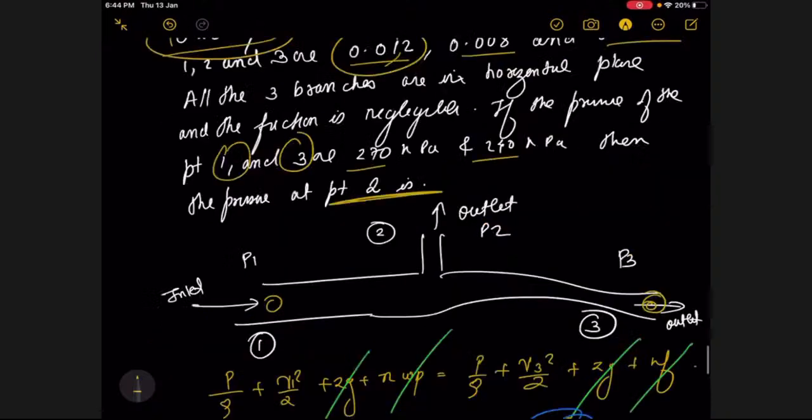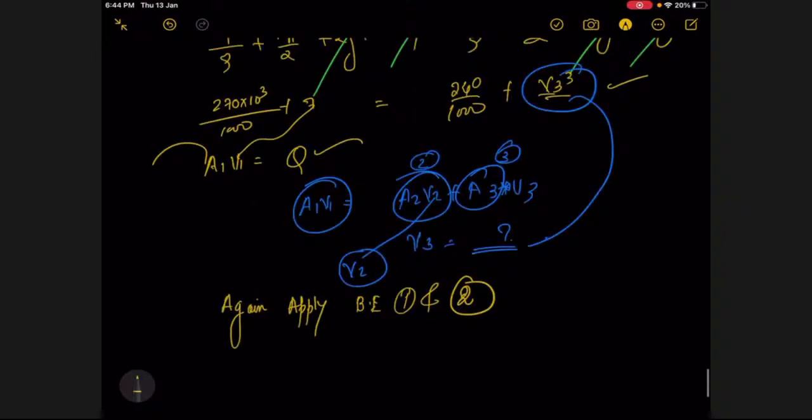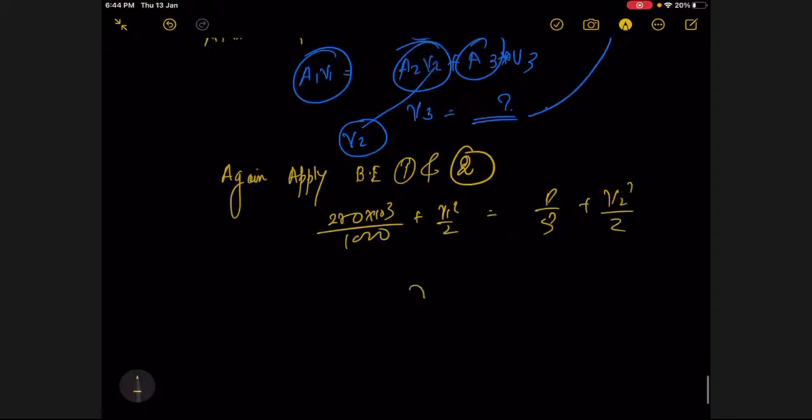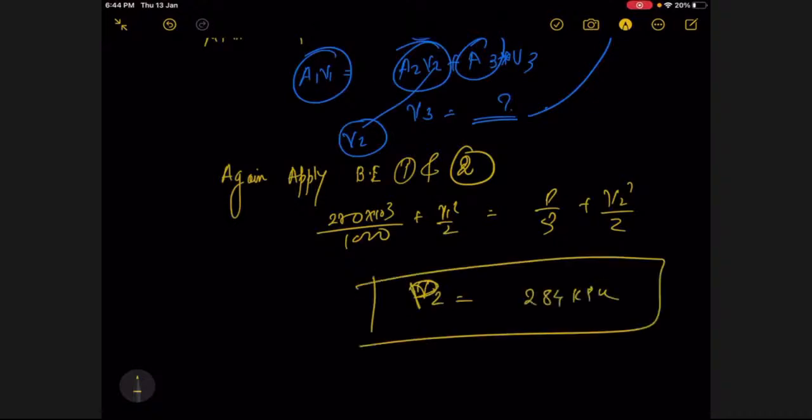Again same data here, 270 into 10 to the power 3 upon 1000, plus V1 square by 2 equals pressure at 2 upon density, plus V2 square by 2. Now from here, you will get a value of P2, which is coming 284 kilopascal. So you have to think in this way, because there is a difference between the Bernoulli's equation and the continuity equation.